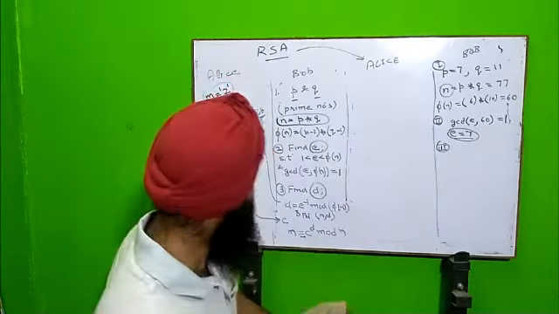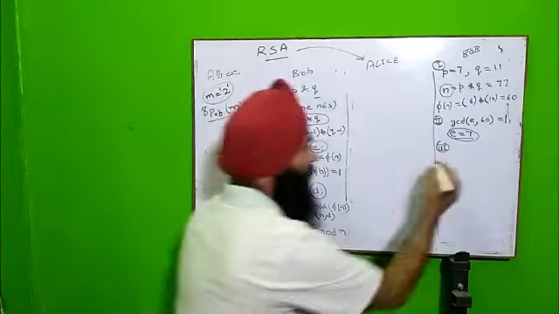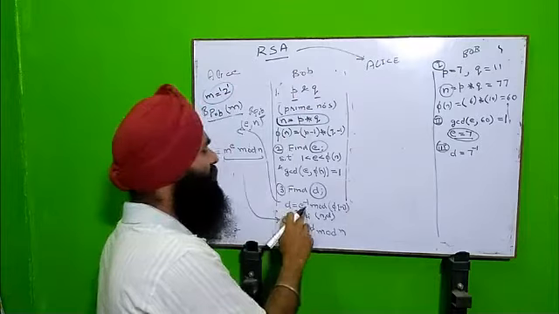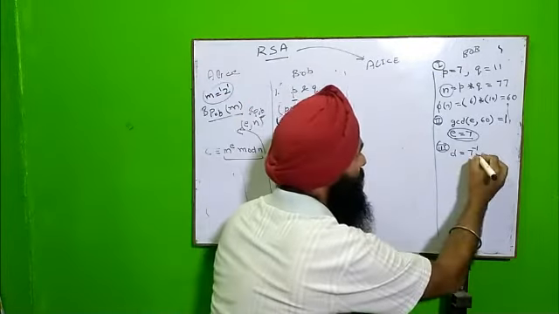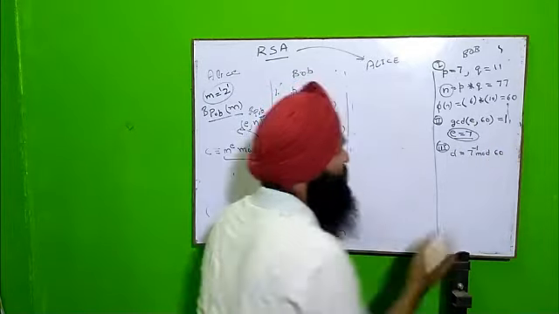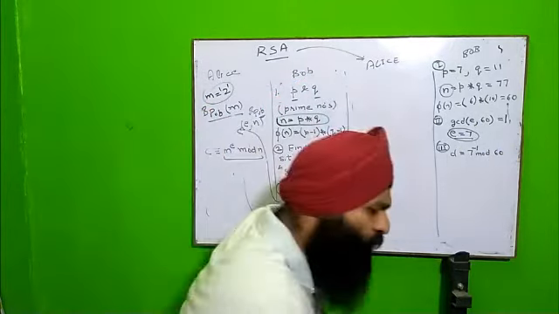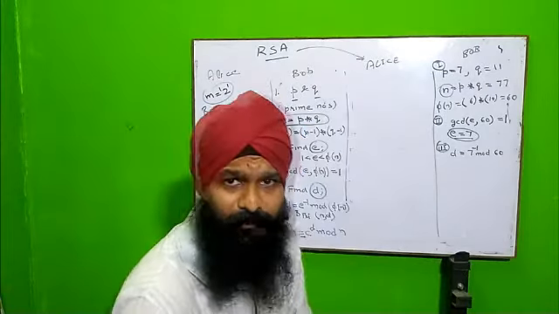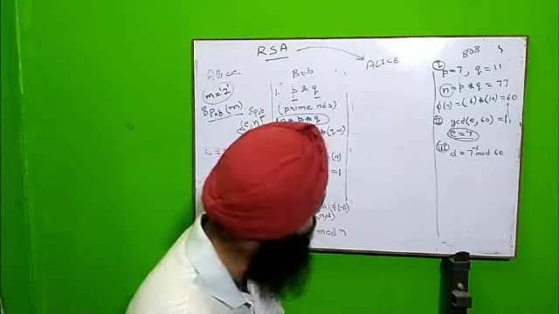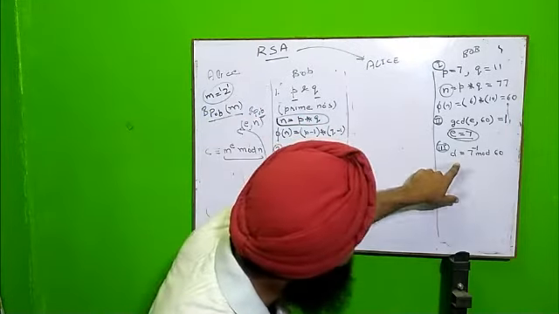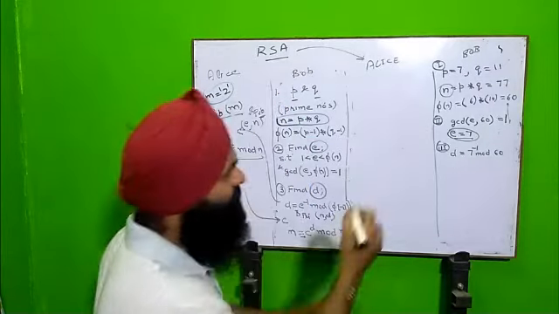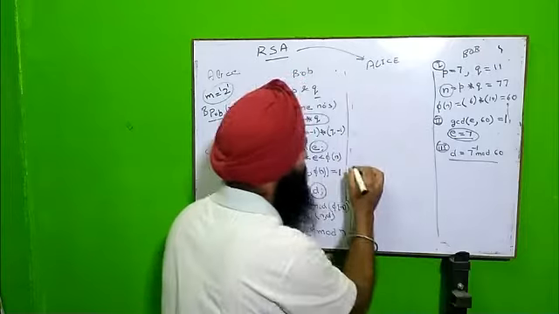So now the third step is to find d. d is equal to e inverse, that is 7 inverse, mod phi n, whereas phi n is 60. Here we are going to apply the modular arithmetic which we learned in the last lecture, and we are going to apply the extended Euclidean algorithm to solve this. So I am going to use this space to solve this with the extended Euclidean algorithm.